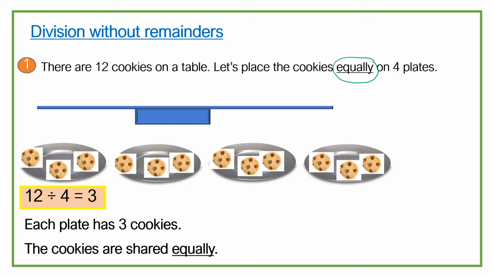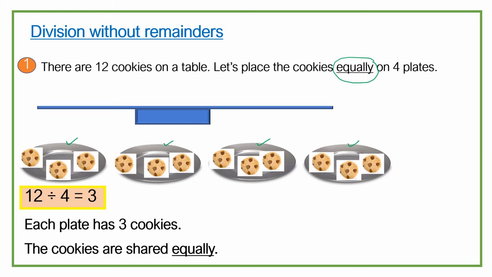When we say equally, it means that on each plate we have the same number of cookies. That's why you can see that on this plate we have 3 cookies, even here 3 cookies, even here 3 cookies, and here 3 cookies.